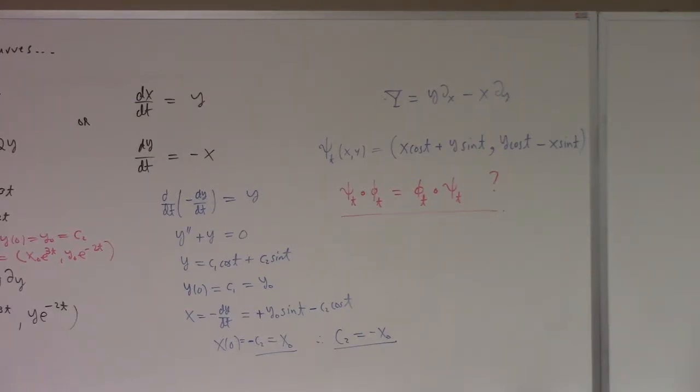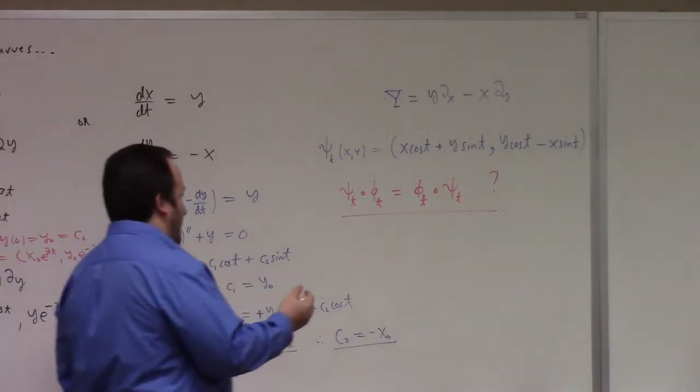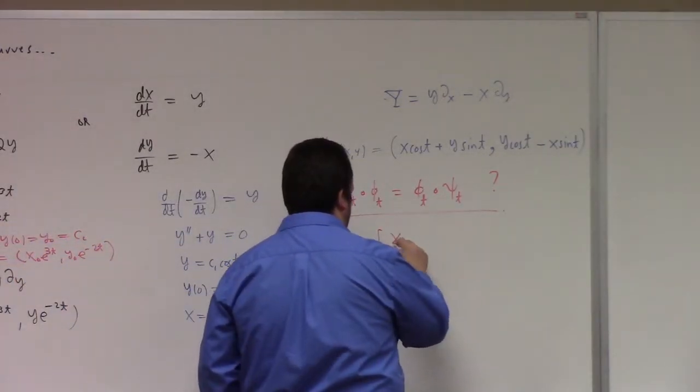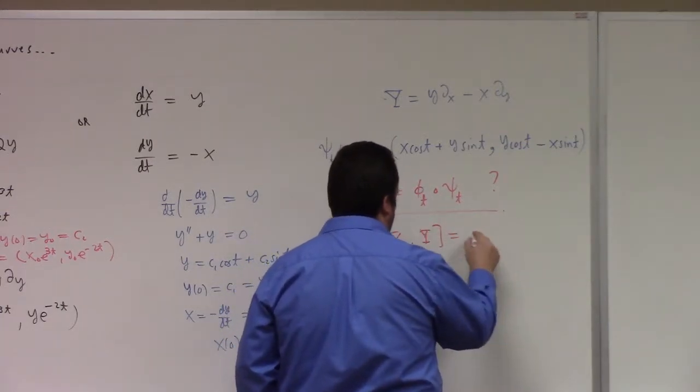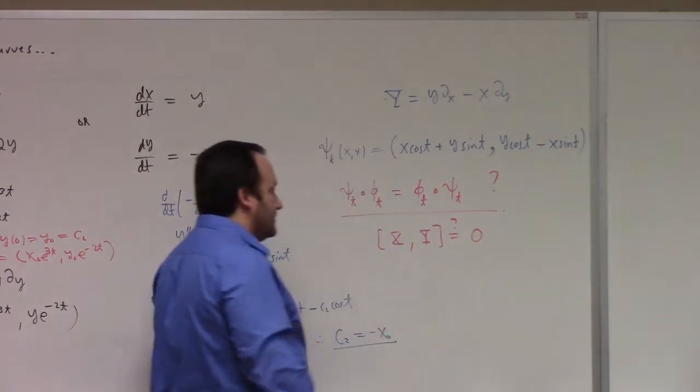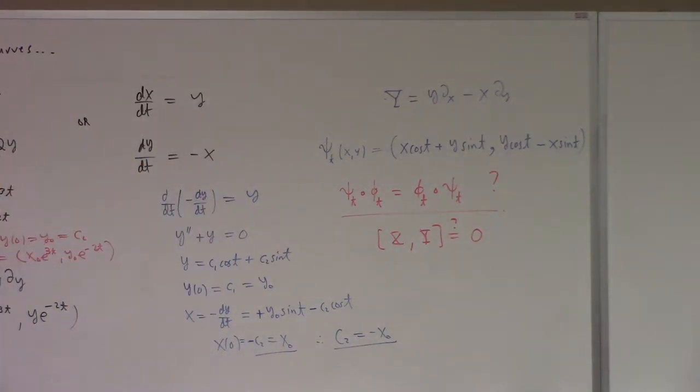Then it would be foolish to calculate the flows and check directly. The much faster way is to check by the theorem whether the Lie bracket, the commutator bracket, is 0. I don't think these are 0, but I haven't checked. I'm just not sure offhand.